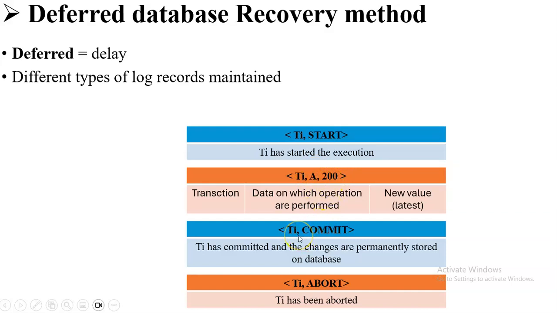Then the next one is Ti, commit, which means that this particular transaction has committed itself and all the changes have been permanently stored on the database. Then comes Ti, abort, which means this particular transaction has been aborted abnormally.